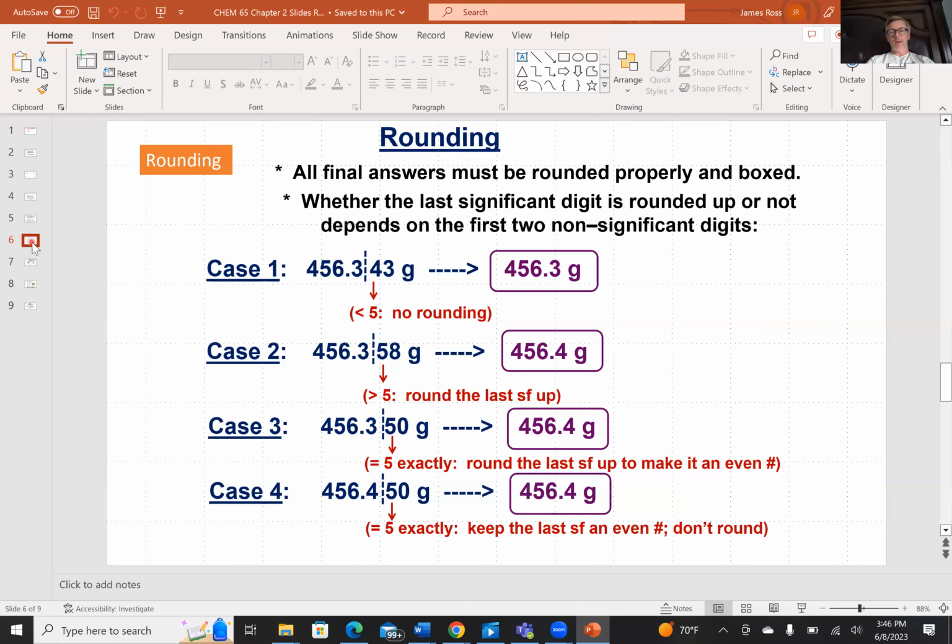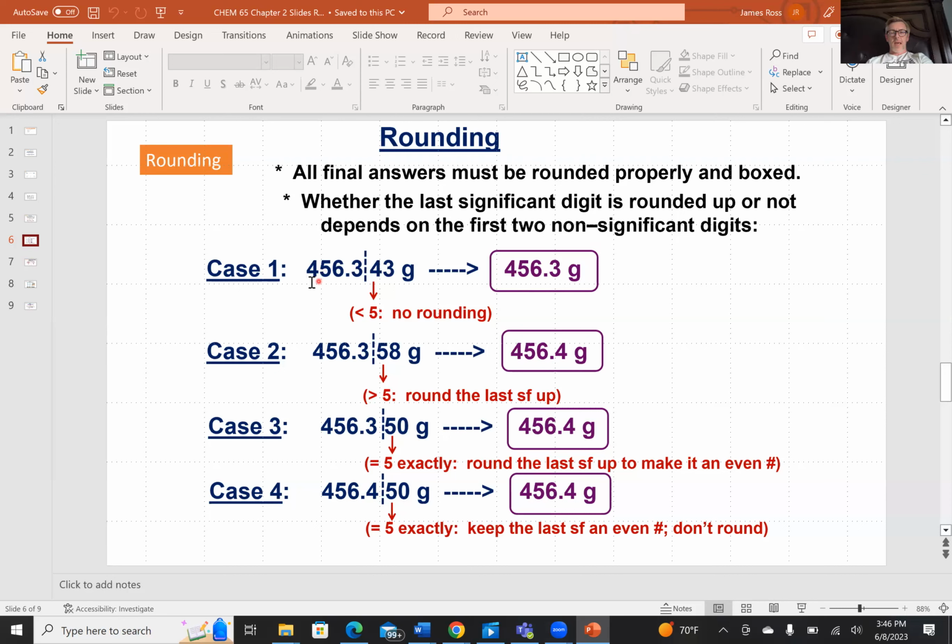Okay, here's the rounding rules that will follow. Again, it's always a good practice to give 2 answers, the unrounded value with a dash line that separates the significant figures to the left, and then 2 insignificant figures to the right of the dash line. And then finally, we give a boxed, fully rounded answer.